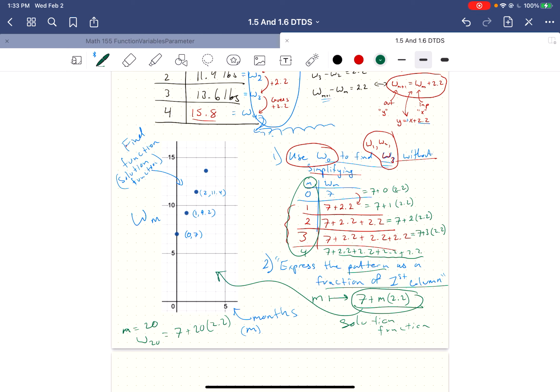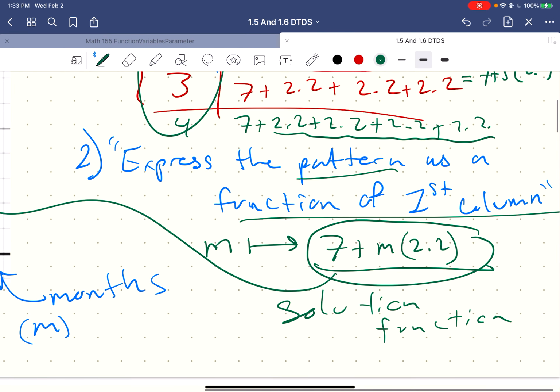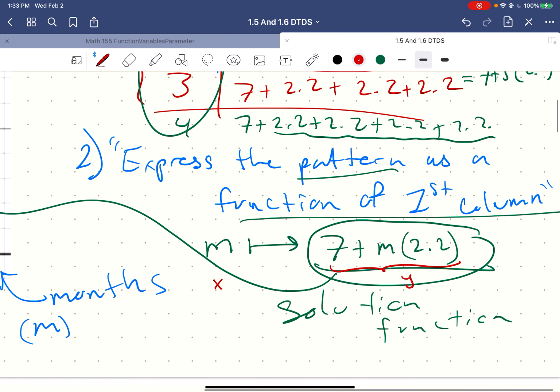And yeah, if I were to graph this function, all right, look, what's my input variable? It's m. What's my output? It's this expression. But we're used to, from all of our lives, it being drilled into us, calling the input variable x and calling the output variable y. And so what you might be used to is to say y is equal to, okay, so m is being called x.